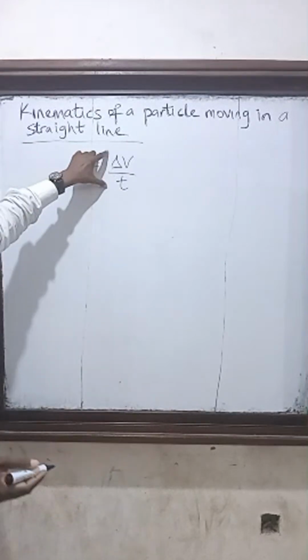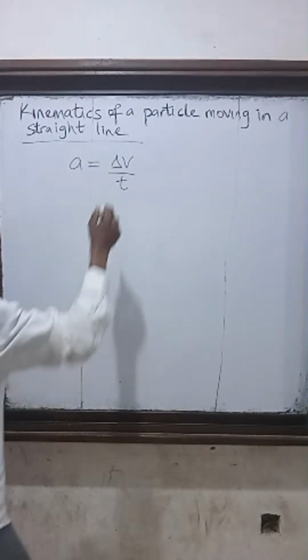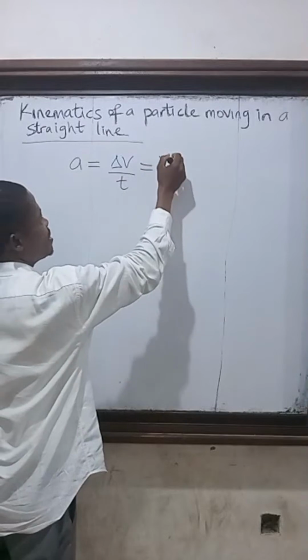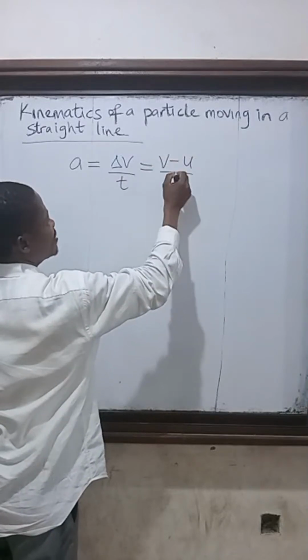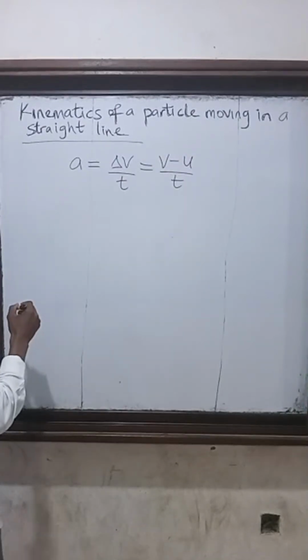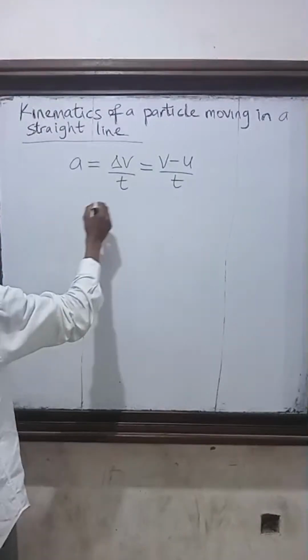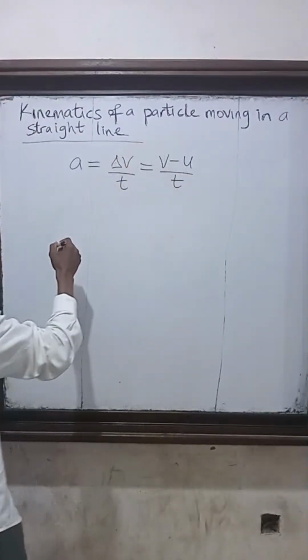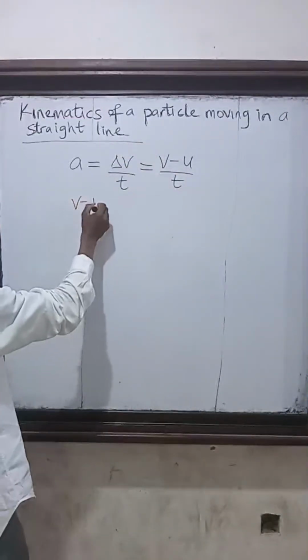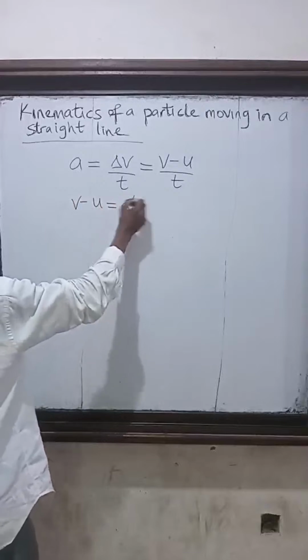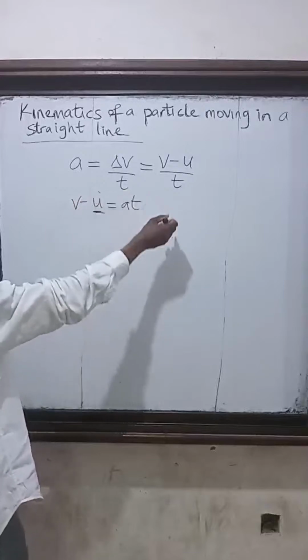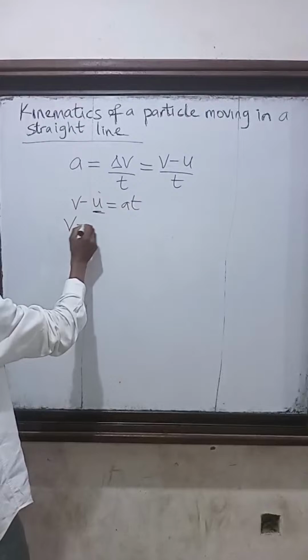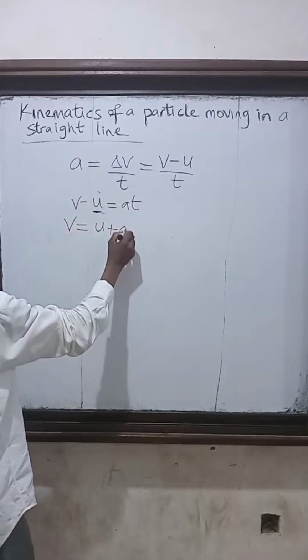Acceleration is a change in velocity, and this will be v minus u over t. Make v the subject, and that will be equal to what? v minus u equals at. Move u to the other side, then we have v equal to u plus at.